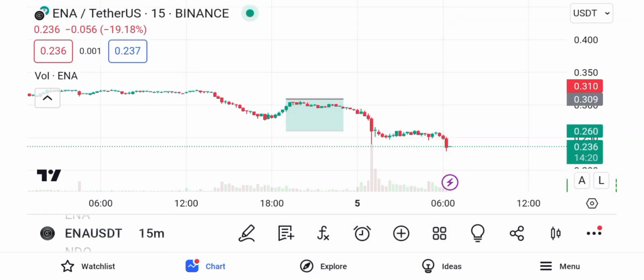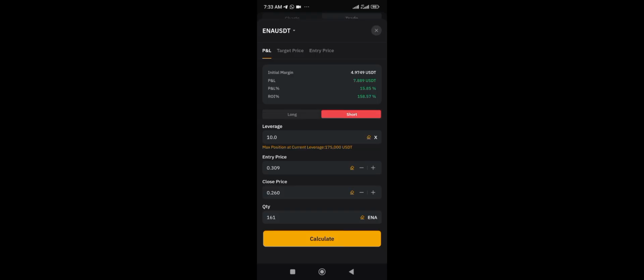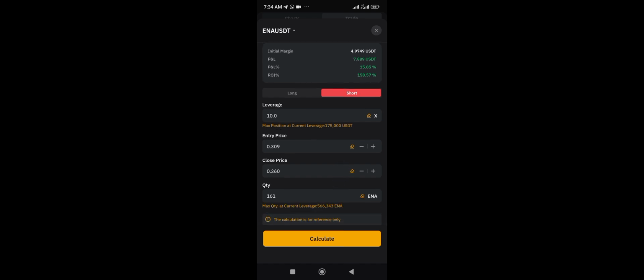Okay guys, you can see on my Bybit calculator here, I've calculated the entry, which was 0.309, the closing price, which was 0.260, and the amount of ENA actually bought to trade was 161 ENA, which is equivalent to $50.